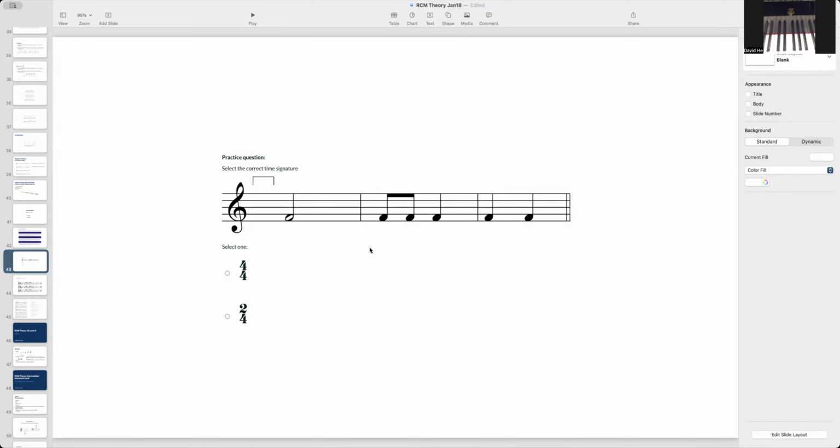Okay, how do you recognize which one this is? There is an idea some of you have already studied today, which is called a measure. A measure is a space between two bar lines.